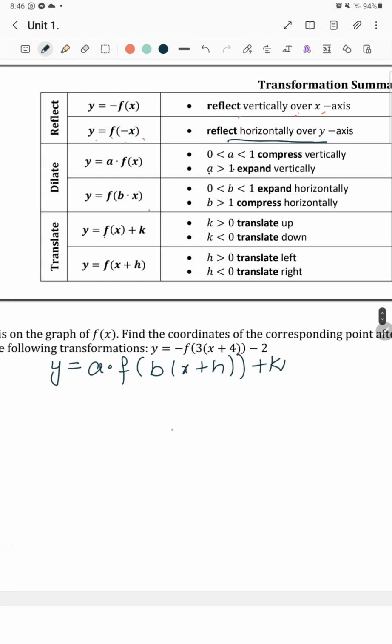So what is a here? A is -1. What is b here? B is 3. What is h here? H is 4. What is k here? K is -2.